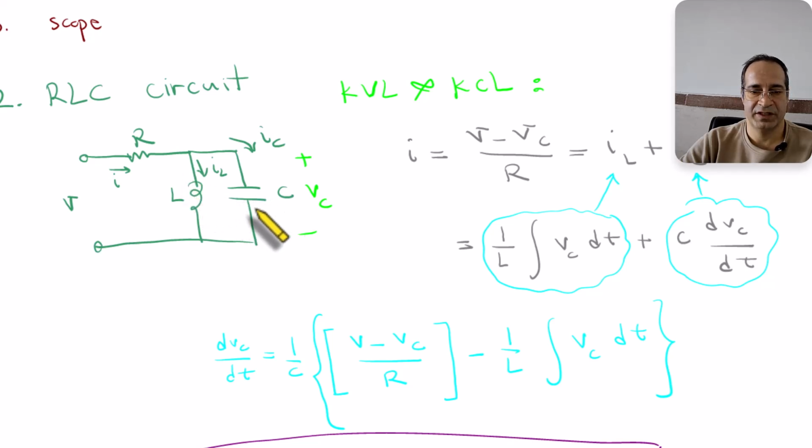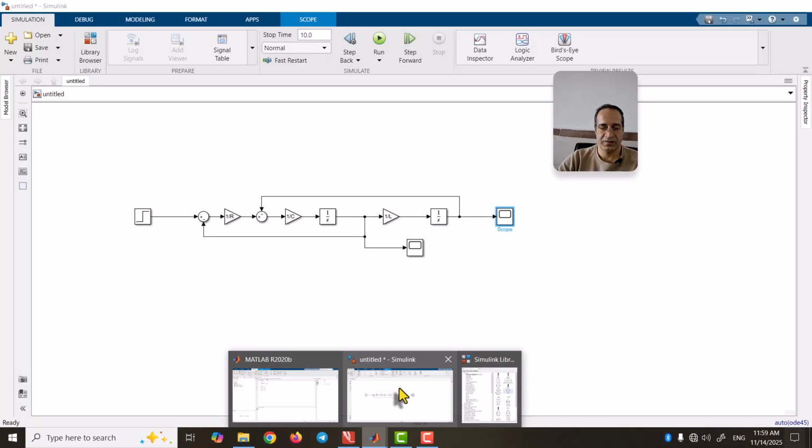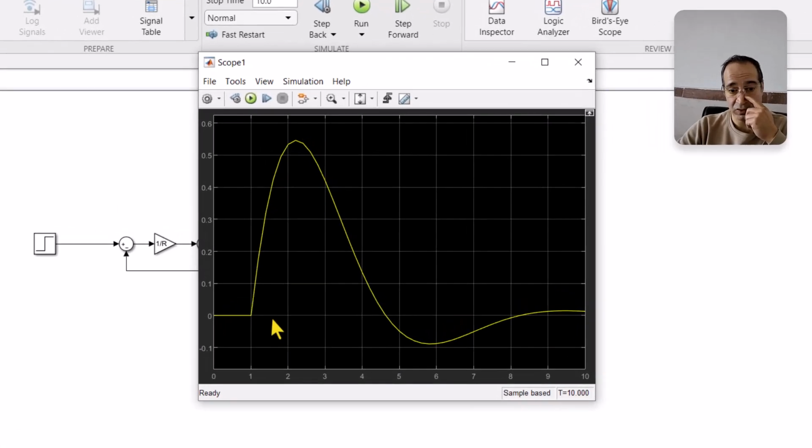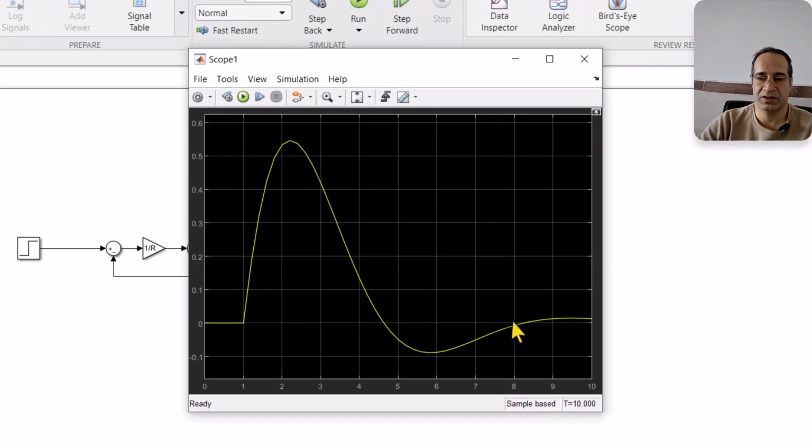1 ampere here, and then I expect VC to go back to 0 when the IL here is constant. Let's check the VC over here, which goes back to 0. It is completely right.